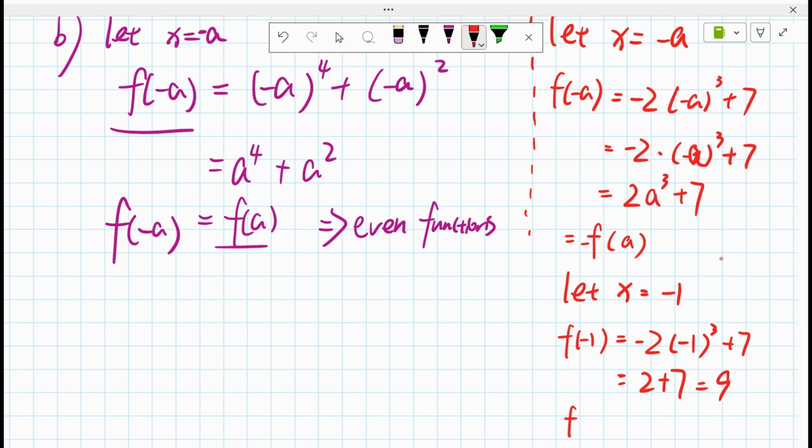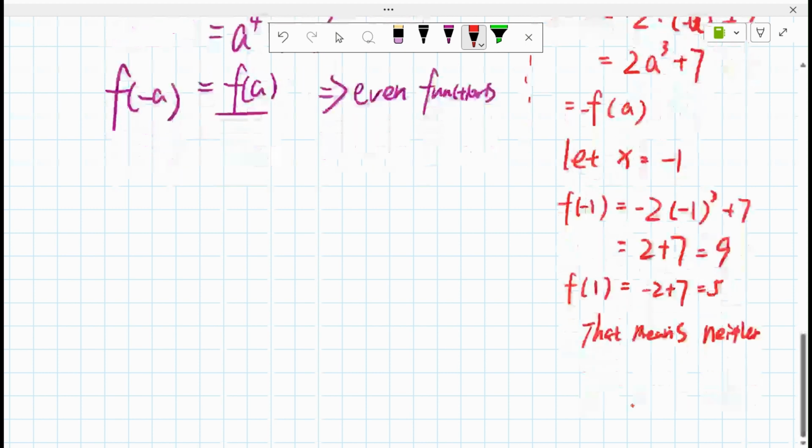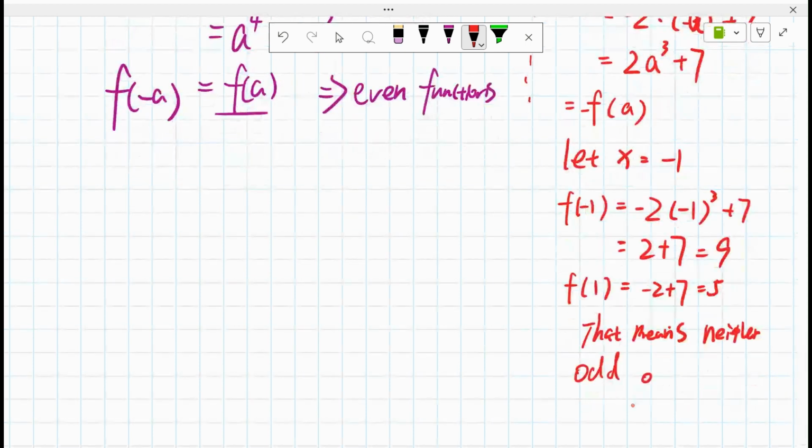Which means f(1) equals -2 plus 7, which equals 5. And then that's a minus, using the minus part, so that becomes 9 minus 5. We can say that they're not equal to each other, and that means it's neither an odd nor an even function.